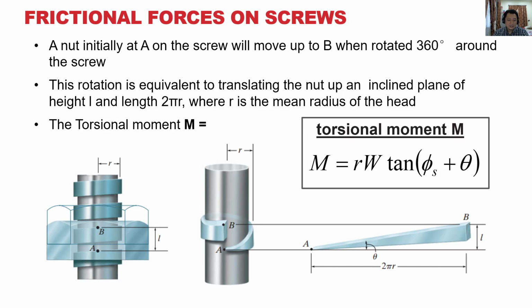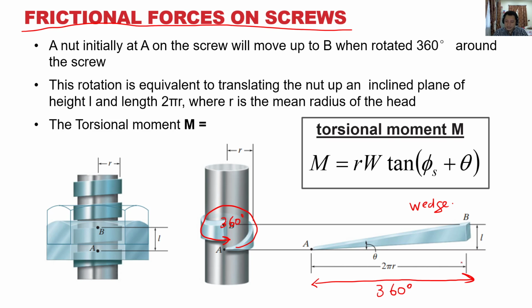And one important thing, this is frictional forces on screws. When you look at screws, it's practically a wedge. One thread of the screw is like a wedge, the same principle as a wedge. So this is one rotation, 360 degrees.